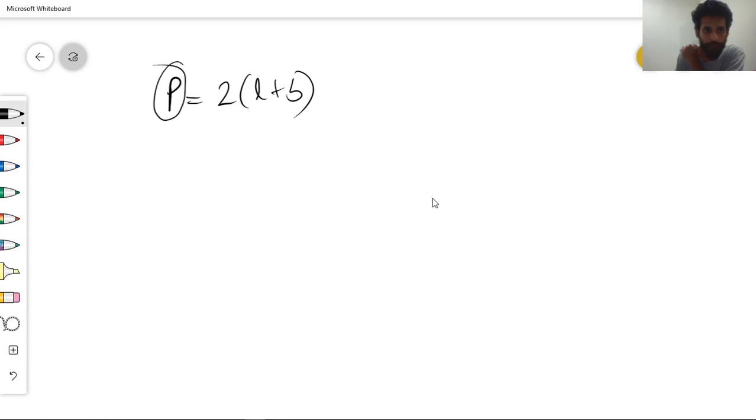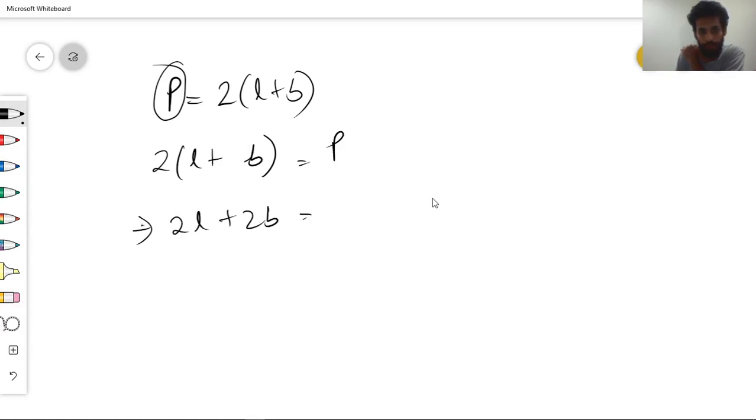When this part is given, we have to just change this. 2L plus 2B is equal to P. Now if this is given, we have to take this one to other side.